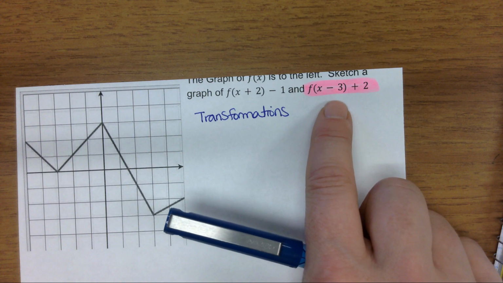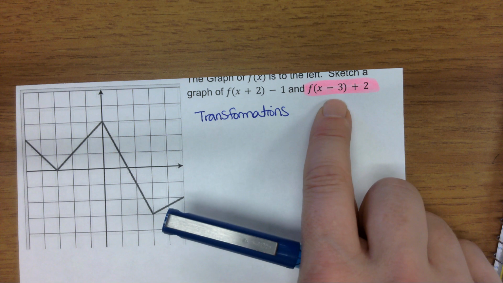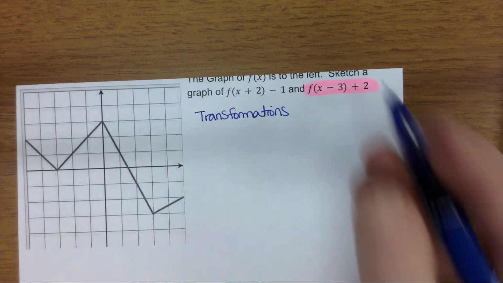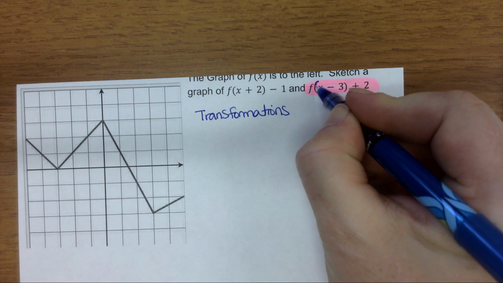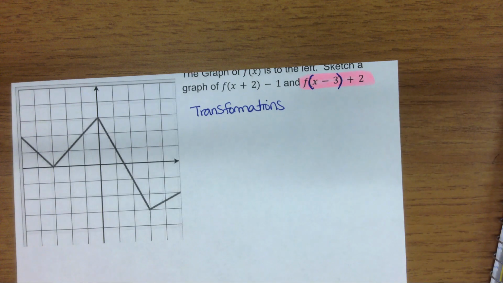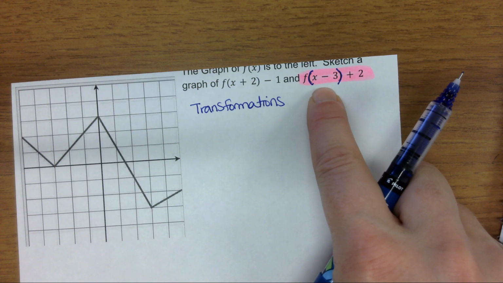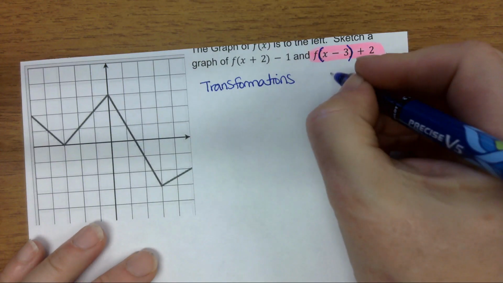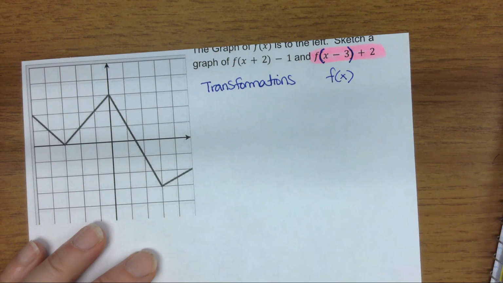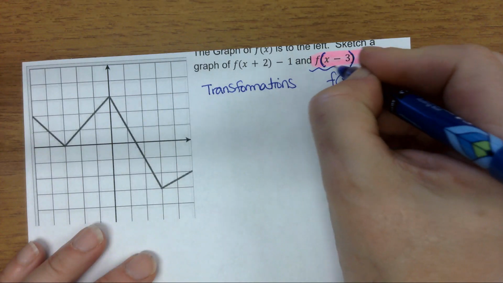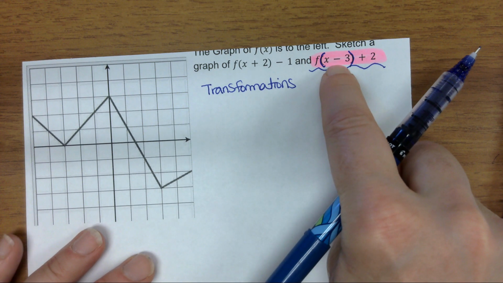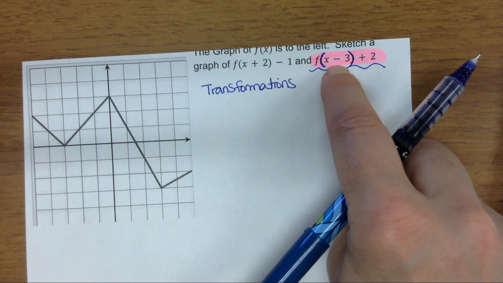If I have any function written as function notation, not with square root or squared or absolute value, instead of f of x, it was originally this. Now it's this. The thing that's right here is in with the x. That's your horizontal one.